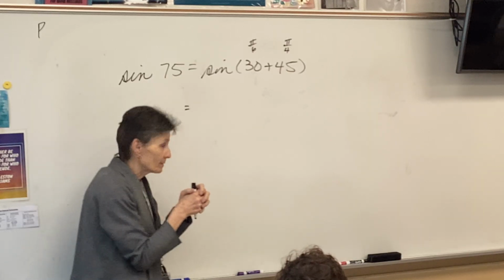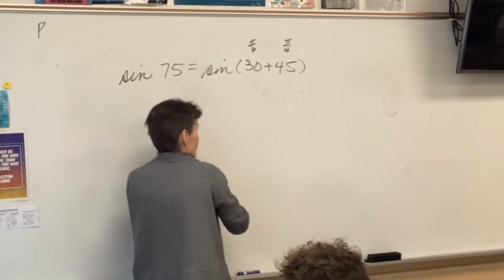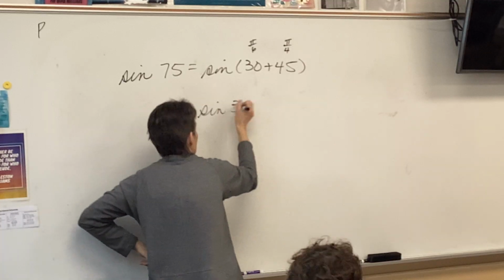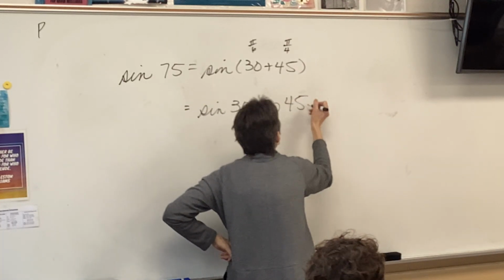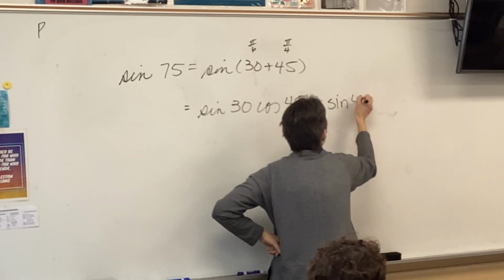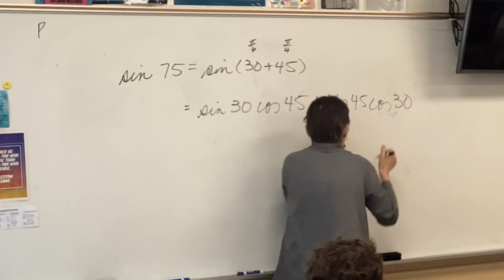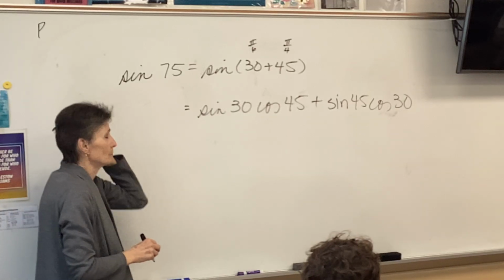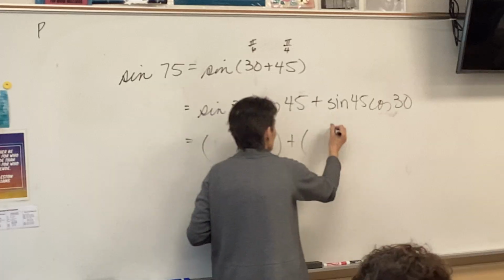What's our formula? It's the sine of an angle plus an angle. Sine the first, cosine the second, plus sine of the second, cosine of the first. And these can be in either order. But that's fine. Here we go.